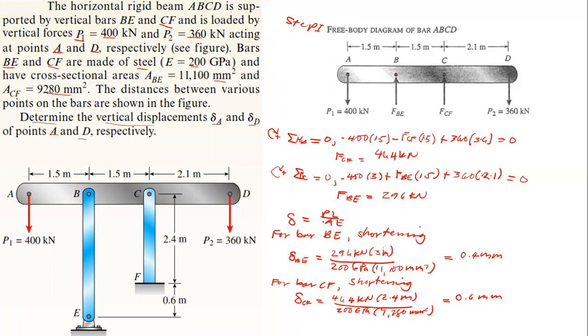Okay, so we have computed it. As you have seen, BE goes down by 0.4, then CF goes down by 0.6.